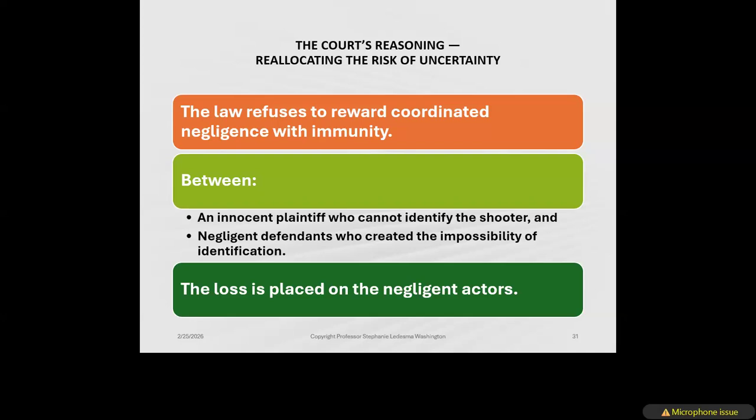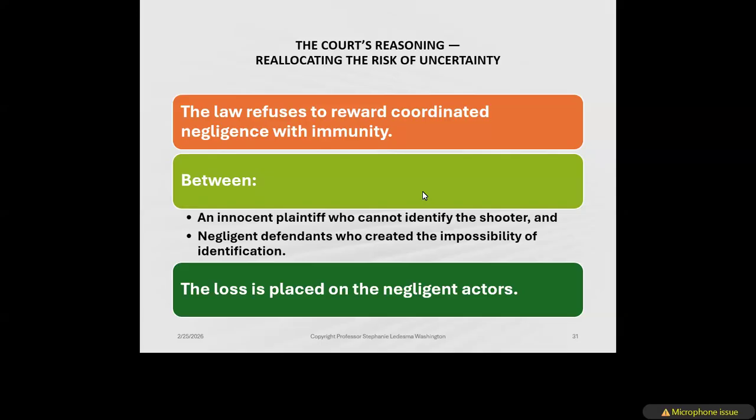Between an innocent plaintiff who cannot identify the shooter and negligent defendants who created the impossibility of the identification to begin with, the loss is placed on the negligent actors. We call that doctrinal calibration.